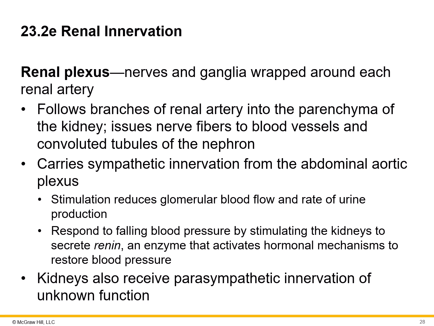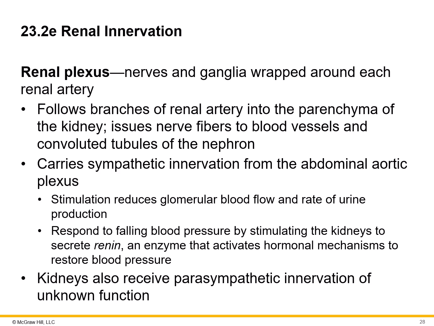Then it's going to follow that renal artery in at the hilum region into the parenchyma, the tissue of the kidneys itself. Essentially, the nerve fibers are going to follow the blood vessels and surround the convoluted tubules of the nephron. Now, sympathetic innervation here is going to be important.